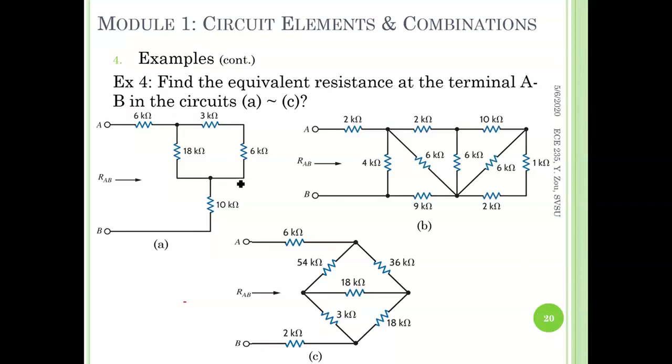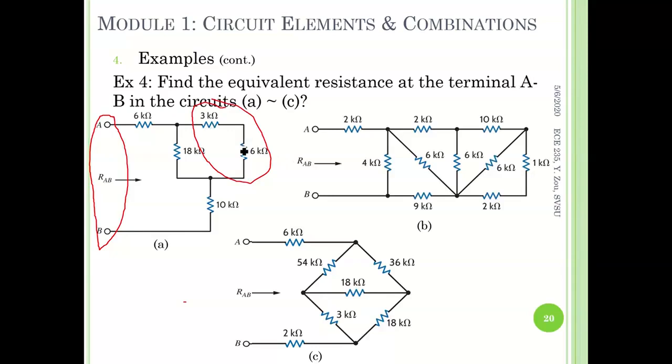Okay. We're beginning from the end of circuit. Actually, we're considering the terminal A and B as the beginning of the circuit. So the end of it is pretty much this part, from where we can see a clear series connection between 3K and 6K.